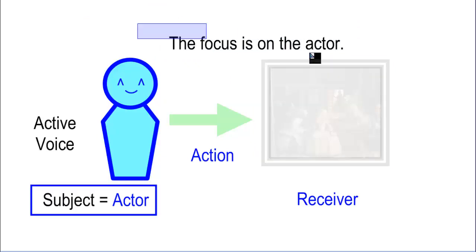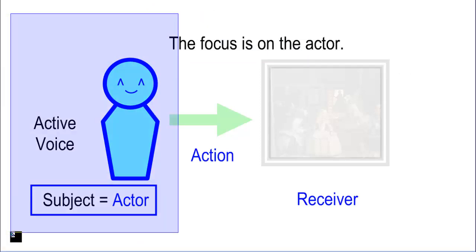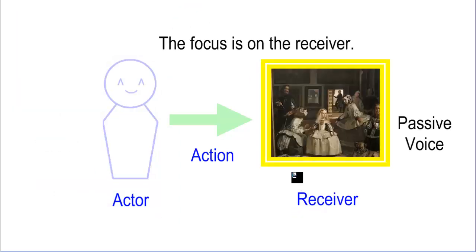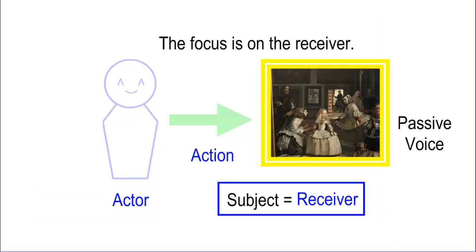In this case, the focus is on the actor, so that's the active voice. In this case, the subject is the actor, because that's where we want to put the focus. But if I want to use passive voice, I want to focus on the receiver. So in this case, I have to make the subject the receiver. You see? So you're going to make the subject the receiver of the action.